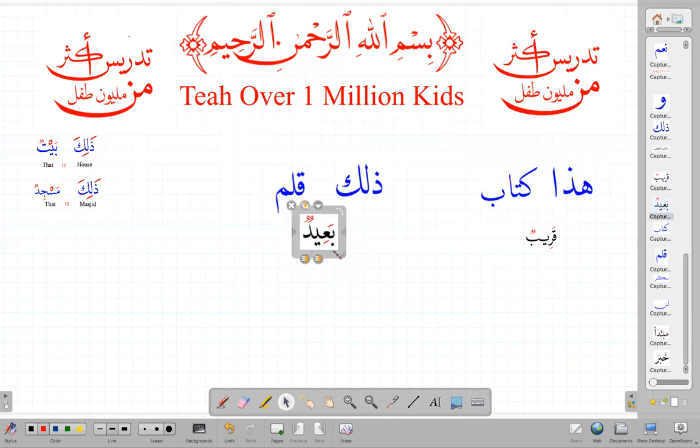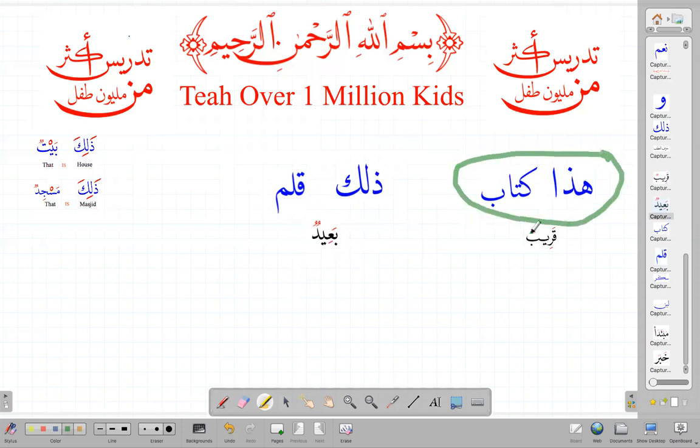Far means بعيد in Arabic. So we have the book, which is close, which is هذا, and we have the pen, which is far. We say ذلك. This is a book. That is a pen.